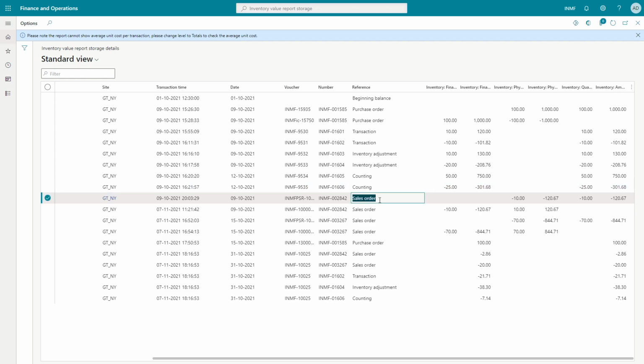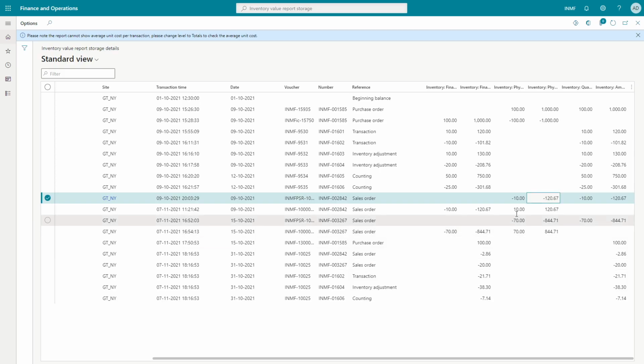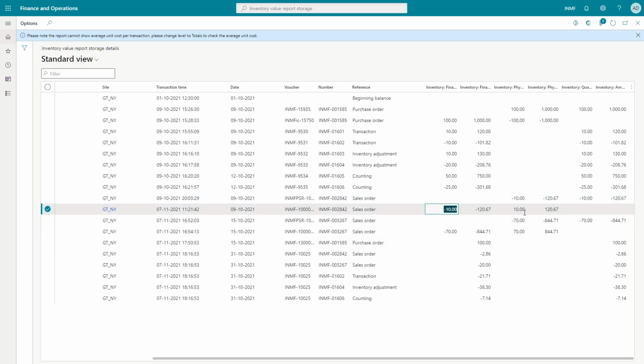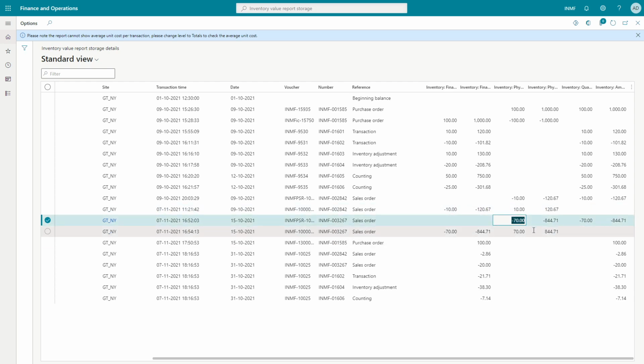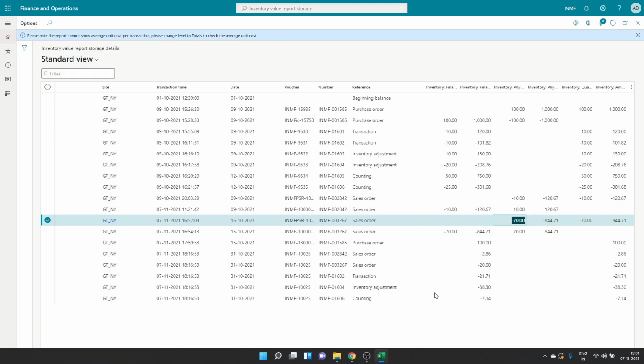When I posted my packing slip transaction, the system has issued 10 quantity at the rate of 120.67. And when I invoiced it, the system has reversed the physical posted amount and it is posted at financial. So this is here. Similarly, what has happened for 70 quantity, which corresponds to this.